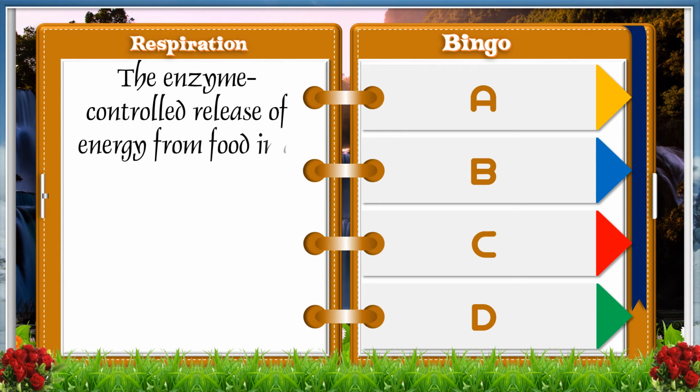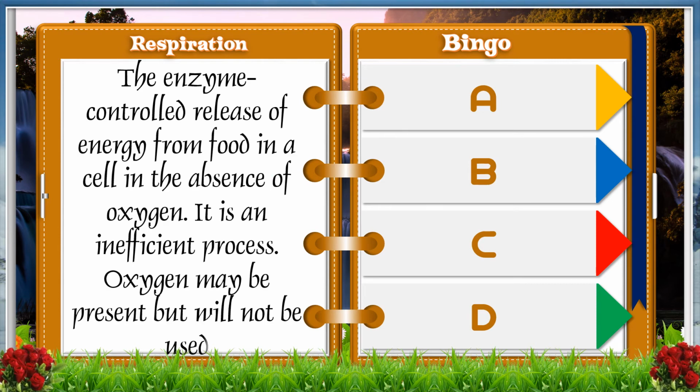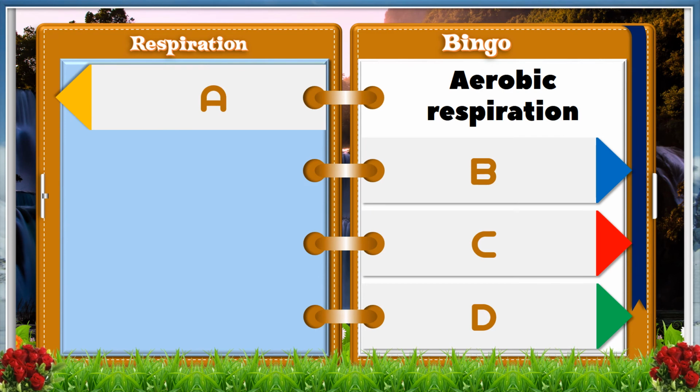The enzyme controls the release of energy from food in a cell in the absence of oxygen. It can be an efficient process. Oxygen may be present but will not be used. A. Aerobic respiration.